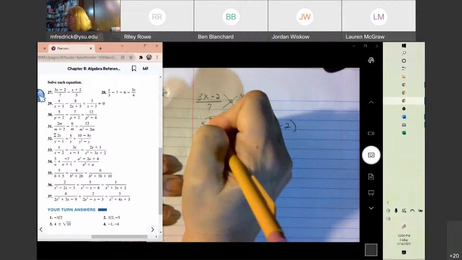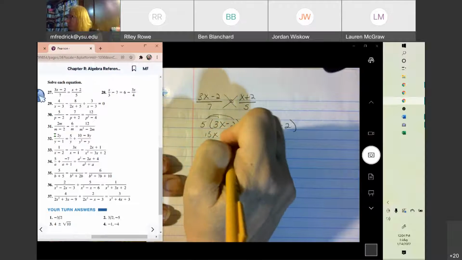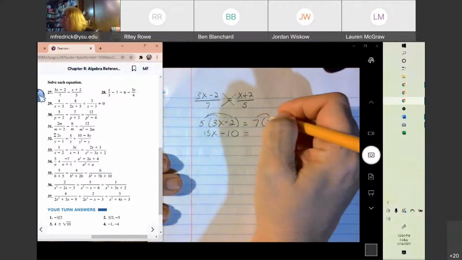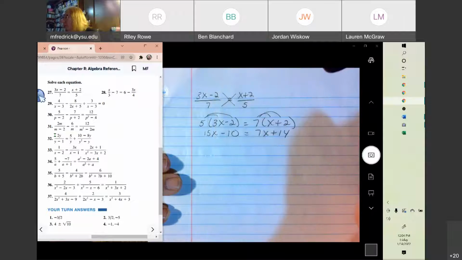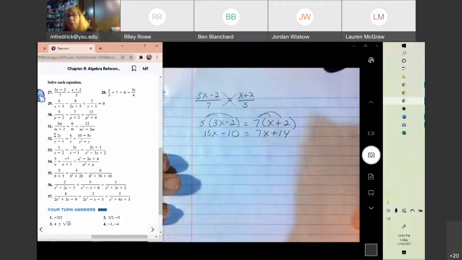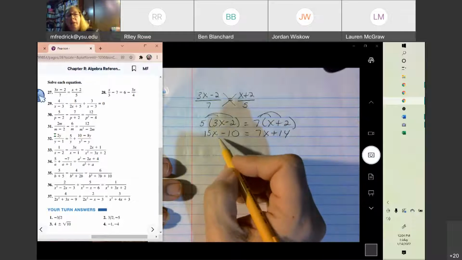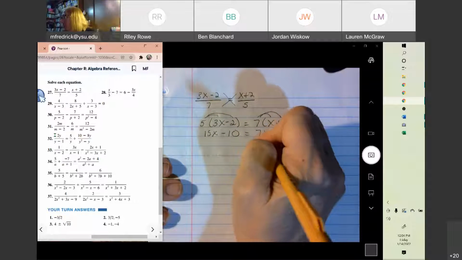And then we can distribute the 5. 15x minus 10 equals, distribute the 7, 7x plus 14. So then you're using the steps just from the other ones we had done. Get the x's together by subtracting the 7x.